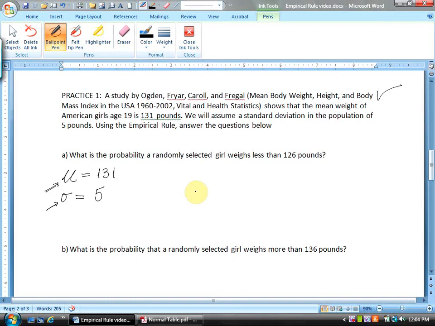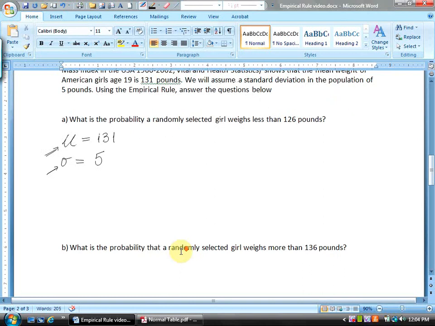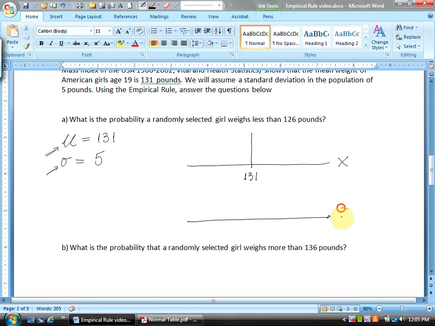So let's draw both shapes, and I recommend that you draw both shapes too. Many professors don't, and I haven't yet seen a book that draws both shapes. But let's draw both shapes, and here's what I mean by both shapes. I mean, there is an X number line where the mean is 131, and there is a Z number line where the mean is 0.